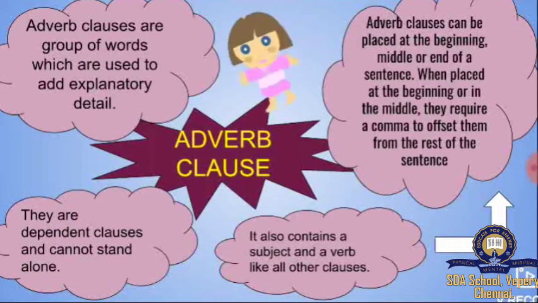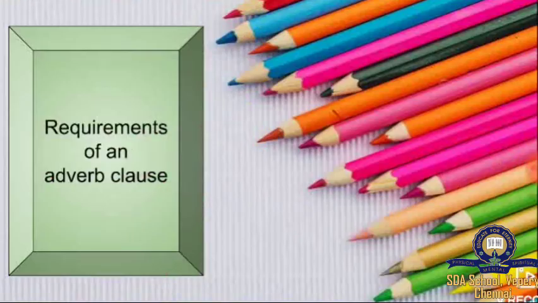I hope you have understood adverb clauses better through these points. So point number 1 you need to remember is they will have a subject and a verb, and they can be placed in the beginning, middle, or at the end. So moving on, let's see the requirements of an adverb clause.